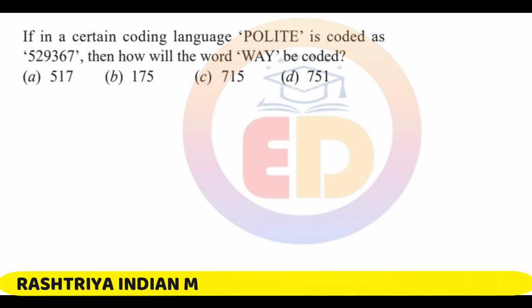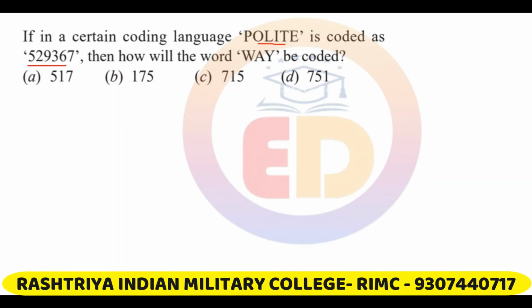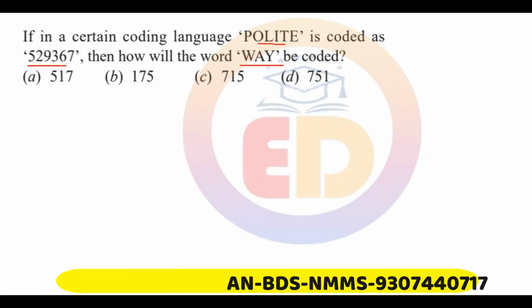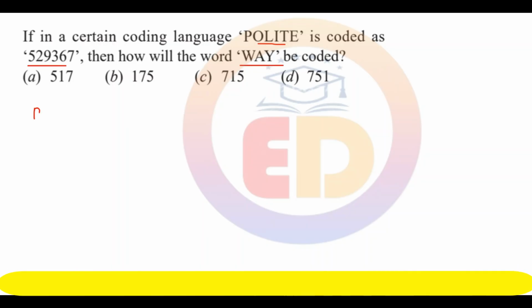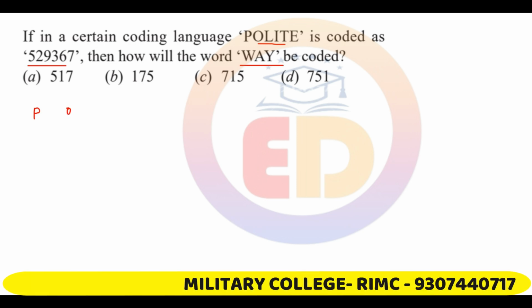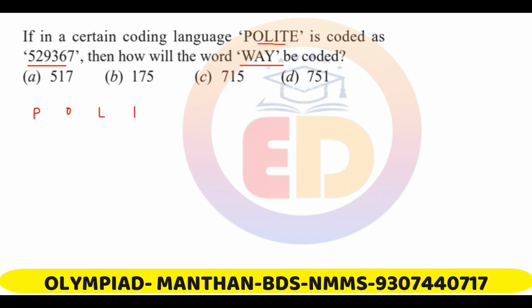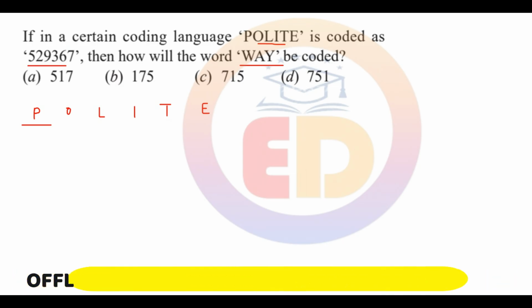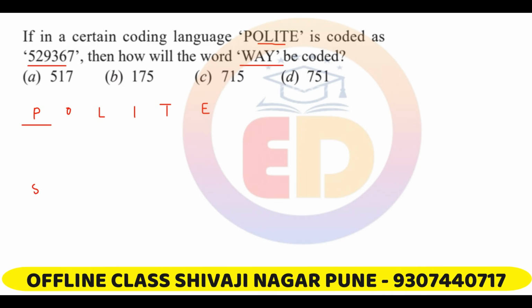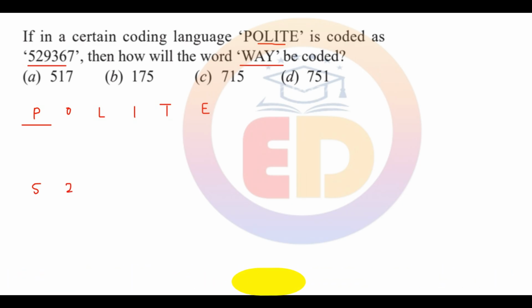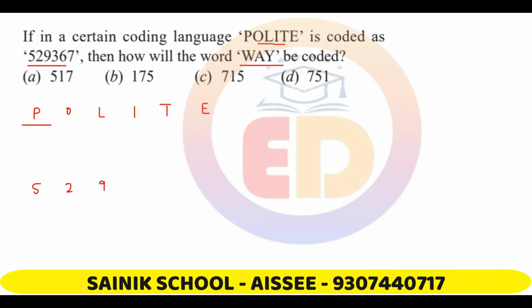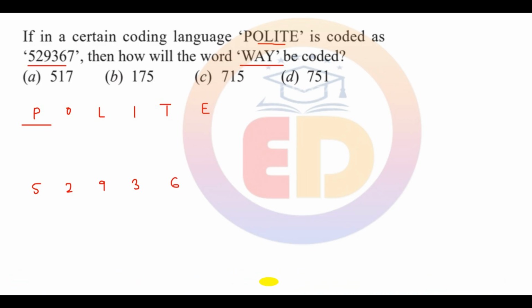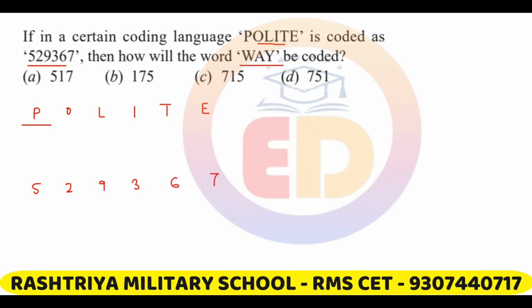In a certain coding language, POLITE is coded as 529367. Then how will the word WAY be coded? P. The code is 5, 2, 9, 3, 6 and 7.